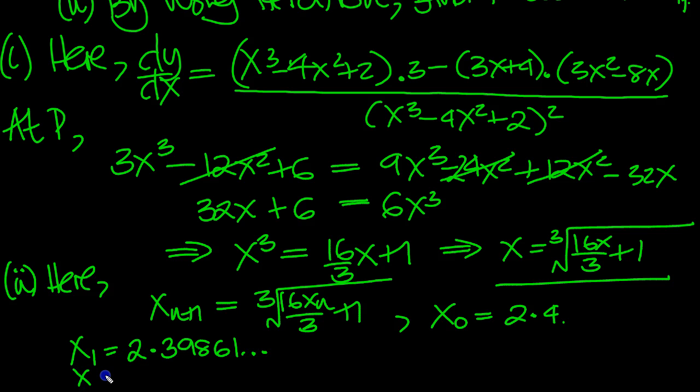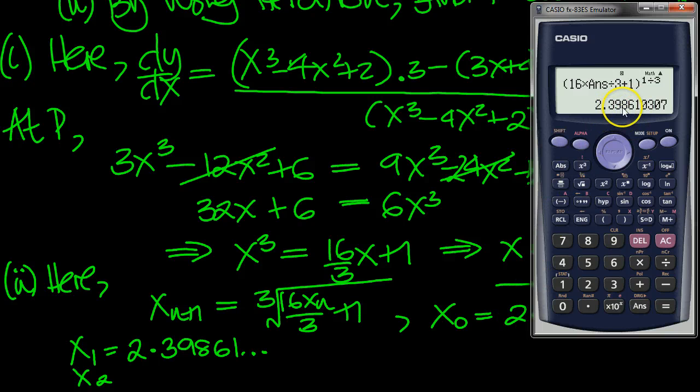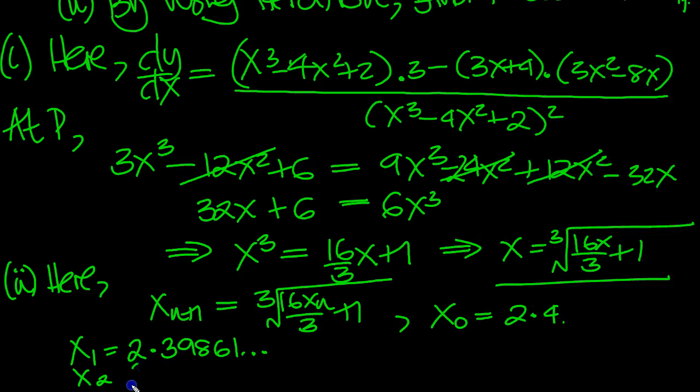x2. Let's just tap that in the calculator. Because the number came up as an equals, it'll be here, so we'll just press equals again. And we'll get 2.39818. Let's try x3 now.